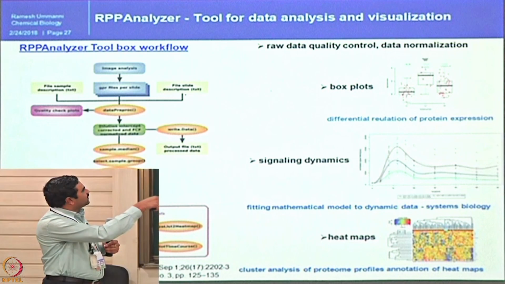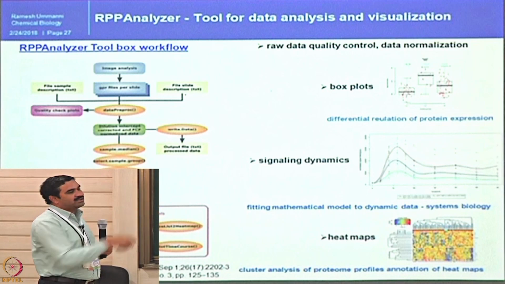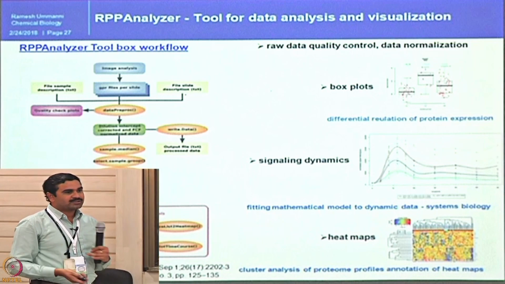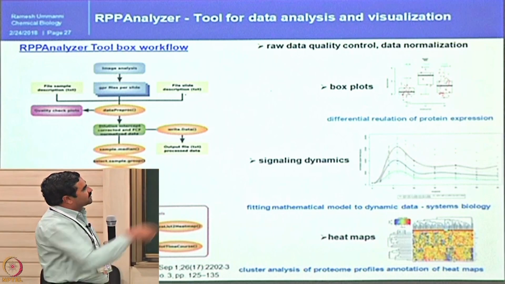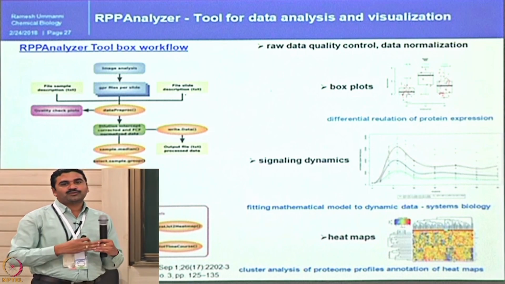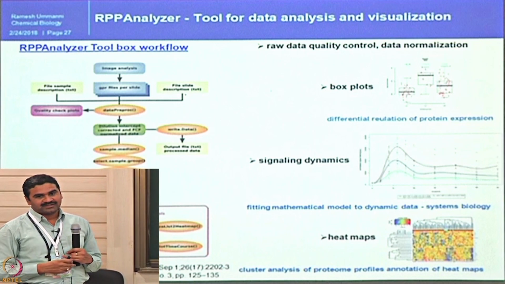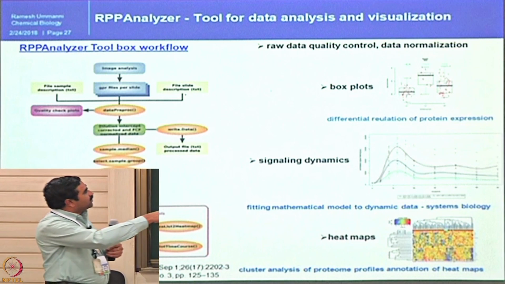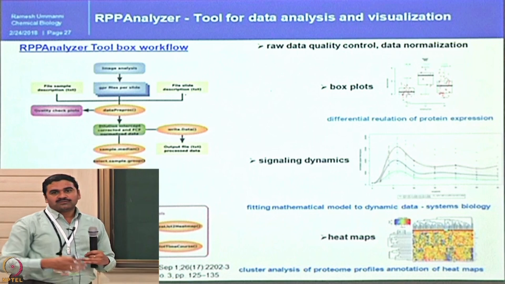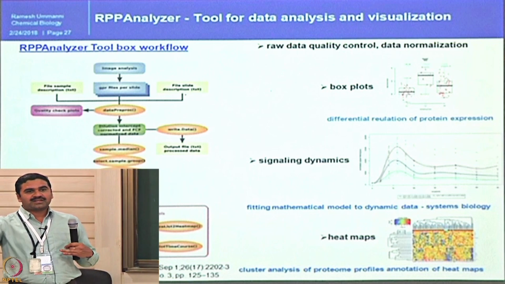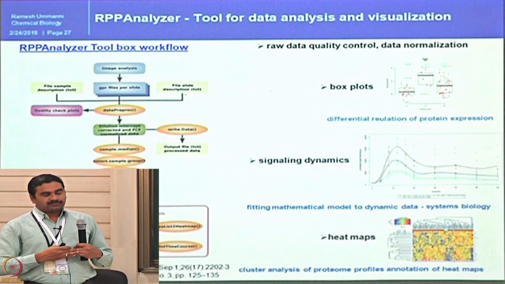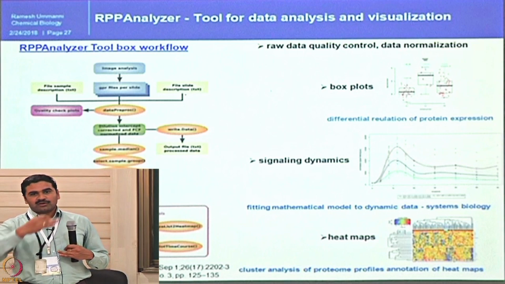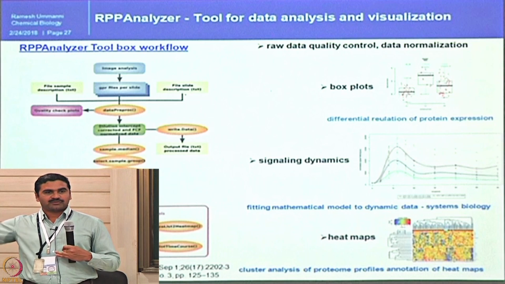Once we have this, then we will go ahead with the analysis further, like box plots, time dependent analysis and all. When you have the box plots like here, you will see whether the protein is upregulated or downregulated, and also you can understand the signaling dynamics. Let us say for example, your samples were collected for a period of time, 0 minutes to 10 minutes. From 0 to 10 minutes, how the protein expression is going up or going down.